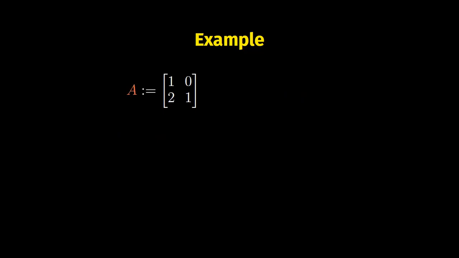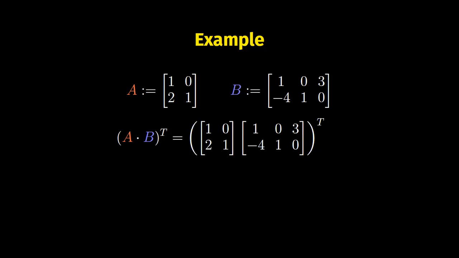Our first matrix A is a 2 times 2 matrix, and our second matrix B is a 2 times 3 matrix. We first compute the transpose of the product of A and B. So first we need the product of A times B, which is given by the matrix 1, 0, 3, minus 2, 1, 6.